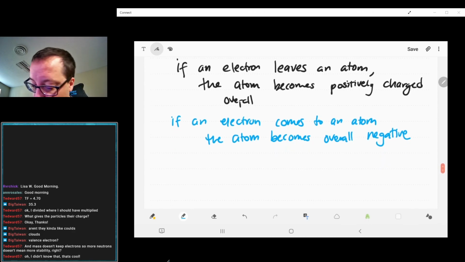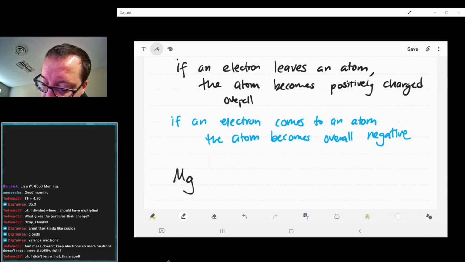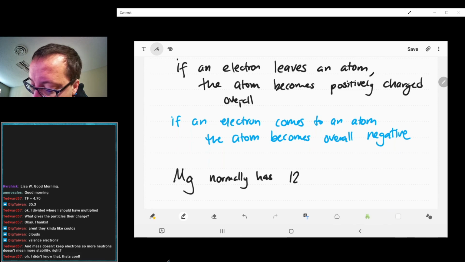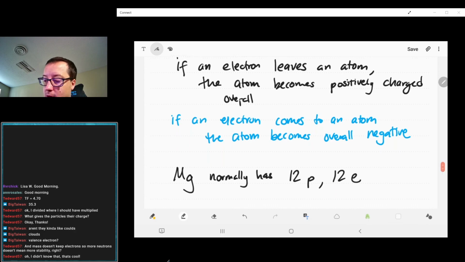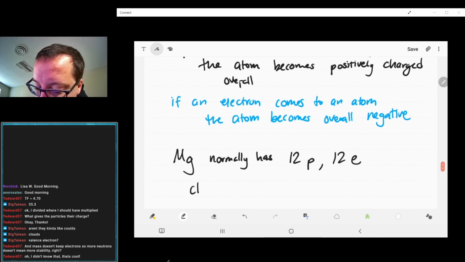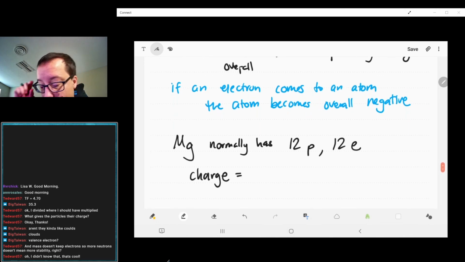So, here we go. Here is magnesium. Magnesium normally has 12 protons and 12 electrons. We're going to see here that the charge of a particular atom is going to be the number of protons minus the number of electrons.